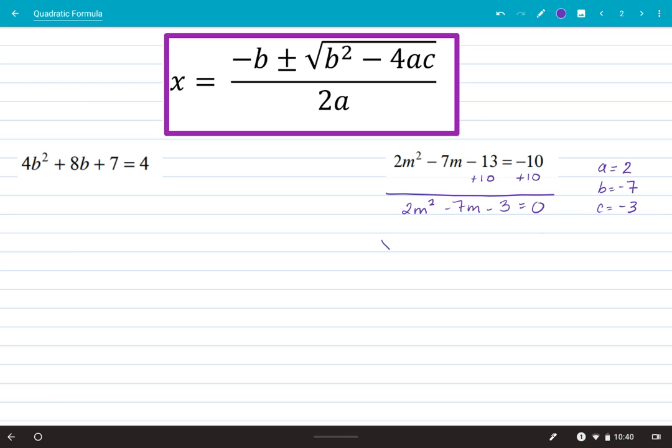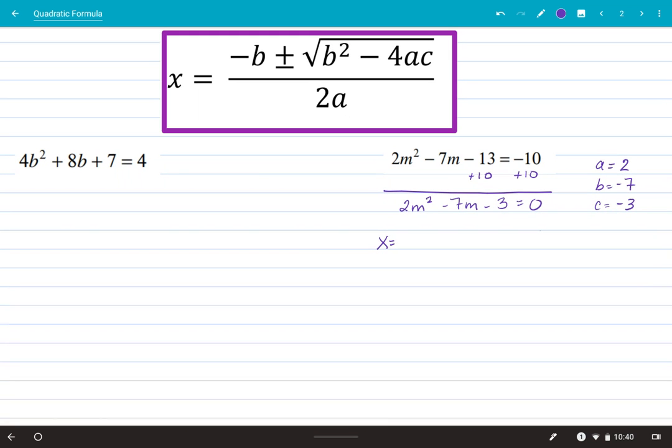And then plug it in. And if you noticed, I put it on the top. So opposite of B, plus or minus the square root of B squared minus 4 times your A times your C, all over 2 times A. Do what you can.